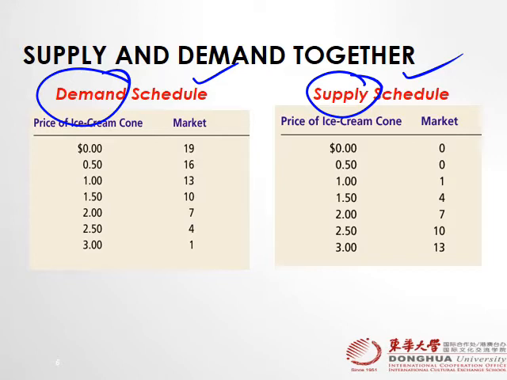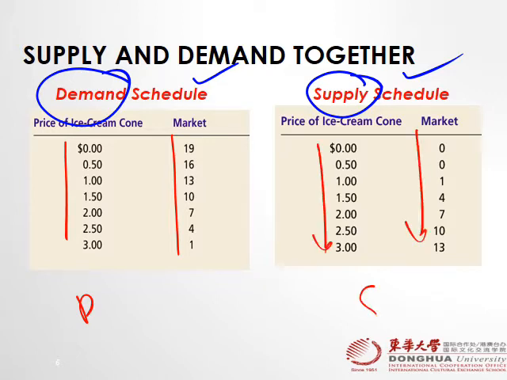For demand, when the price rises, quantity decreases. And here if the price rises, quantity also rises. This is the case of supply. So let's draw these schedules on a curve.